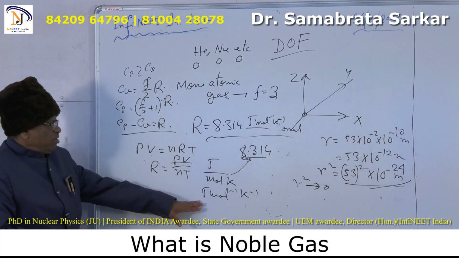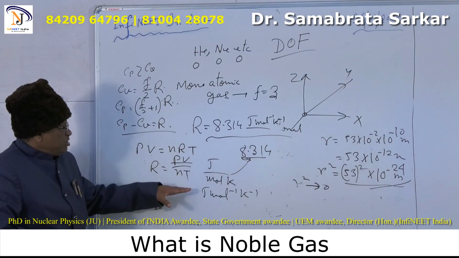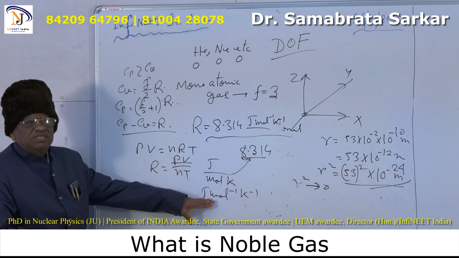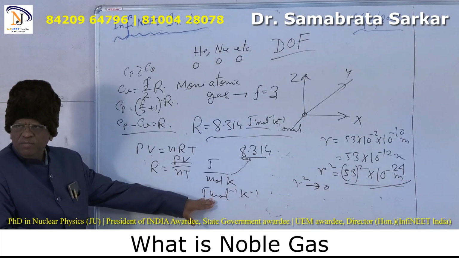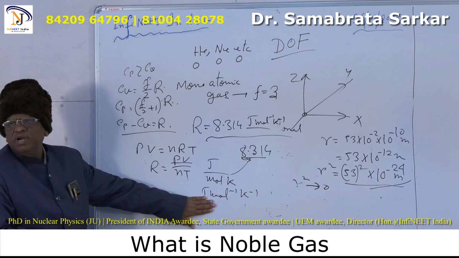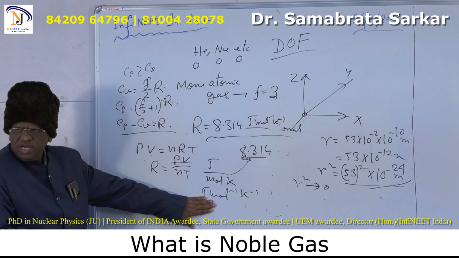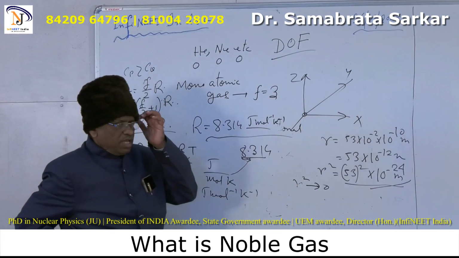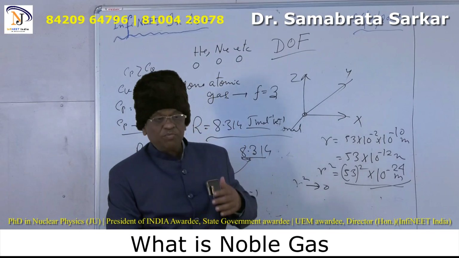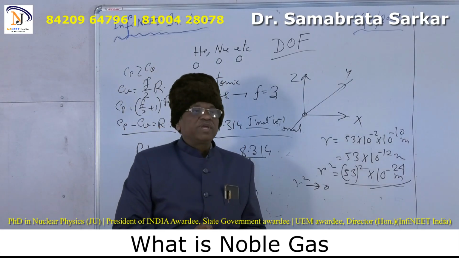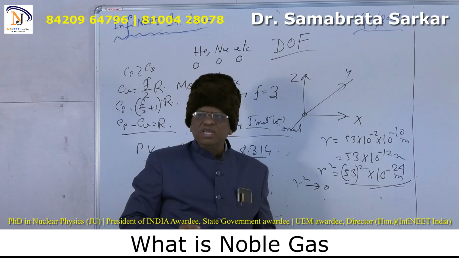Is it possible for you to remember all the facts always? Somebody told you, that is why you remember. In this way you can remember. The basic thing is this. Is it Greek to you? Is it typical for you to understand? No. Then this is actually the value of R. So what is degrees of freedom in case of monatomic gas? 3.